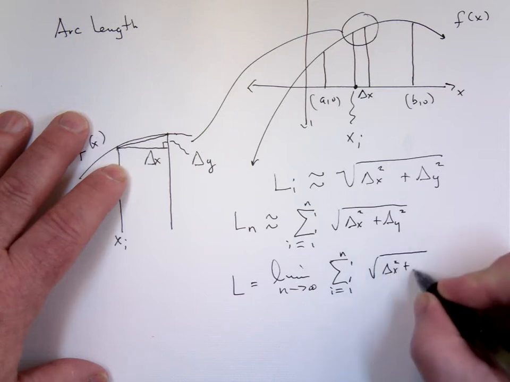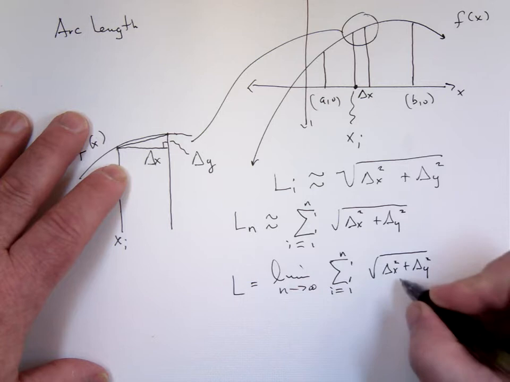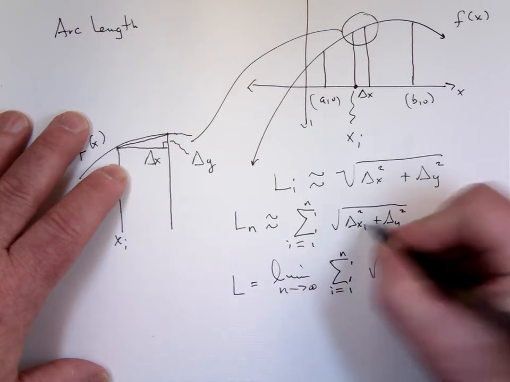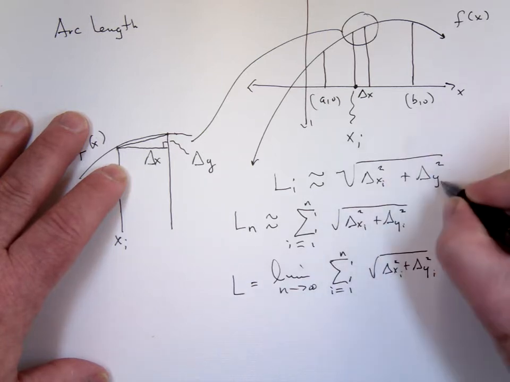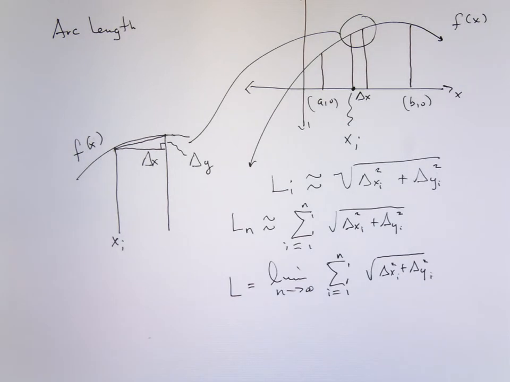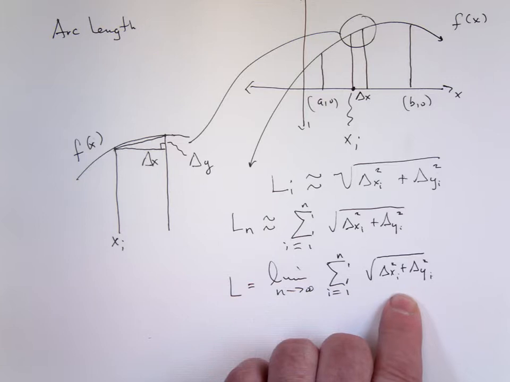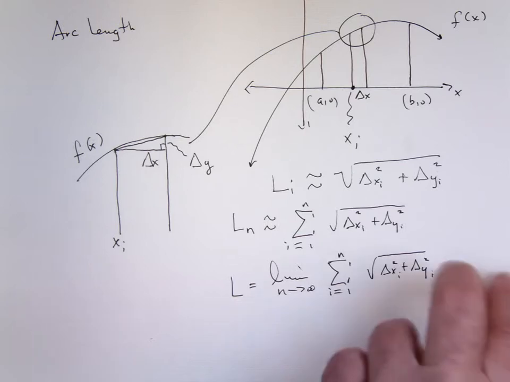But here's the deal. These are the ith piece. Is this in the right form for a Riemann sum? The right form for a Riemann sum is a limit as n goes to infinity of the sum as i goes from 1 to n of a function of x sub i times delta x. That's not what we have here.